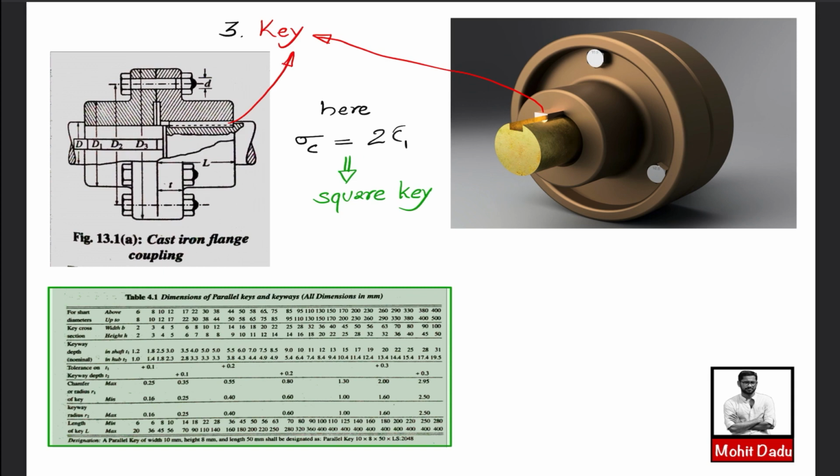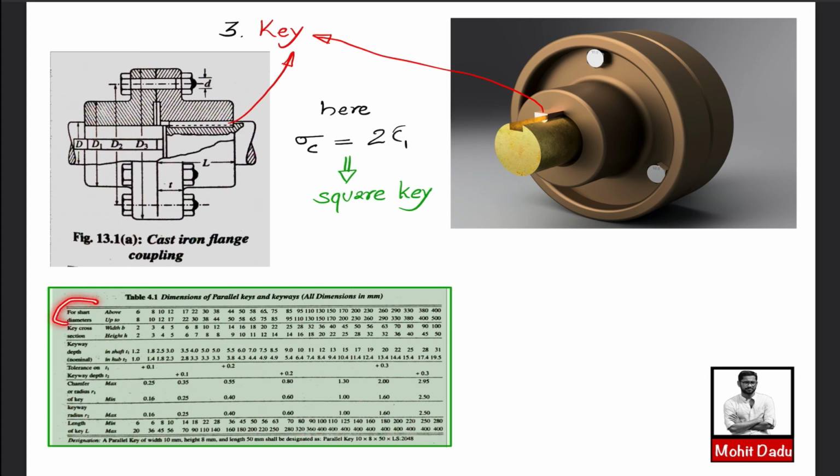In such a case we will be using a square key, and we have to find the dimension of the square key to be selected. The dimension of a square key can be found from table 4.1. Here we will be selecting a suitable key for the shaft which has a diameter of 22 mm.